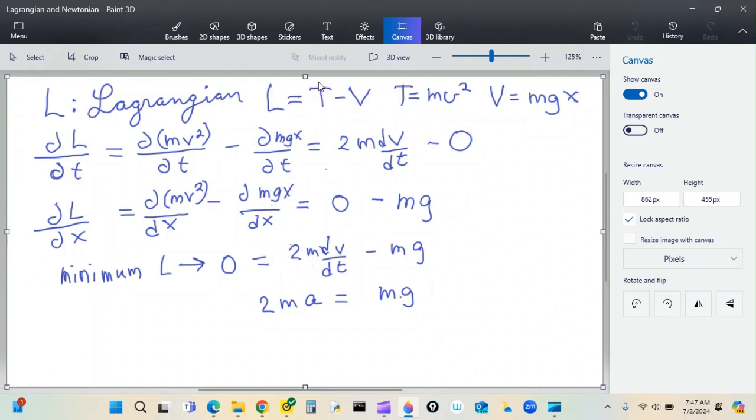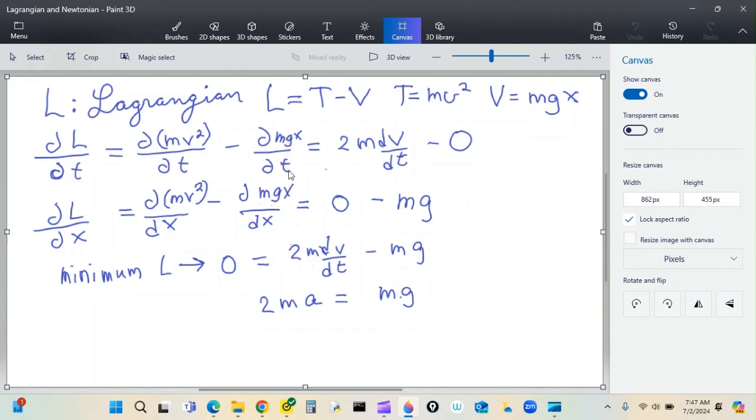So that means we're going to really focus on the kinetic energy and what changes occur over time and not worry about potential energy because it's not governed by velocity. So if I take the partial derivative, in other words, just the partial change and just focus on the t's, this is what happens. Partial derivative of mv squared with respect to time minus change in potential energy with respect to time.